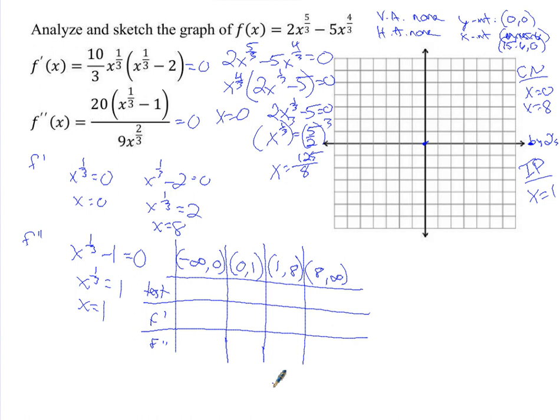Now, that brings up a good point, though. Because of these wacky numbers that we have here, you could pick numbers that kind of make your math easier. So the ones are always going to be easy. But over here, in this interval and this interval, not easy. How about -1 here? Now we want to pick something that's going to be easy there. Is 1/2 going to be easy?